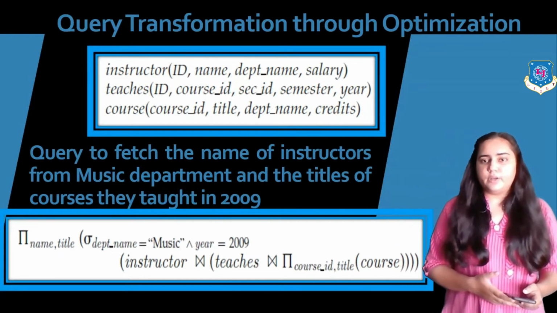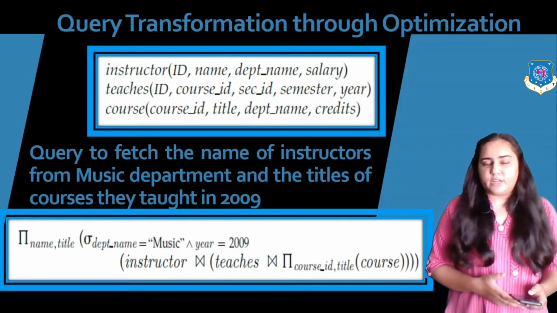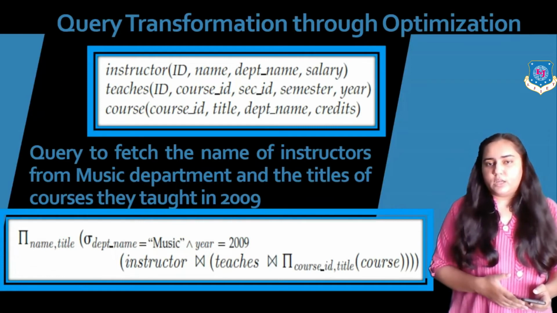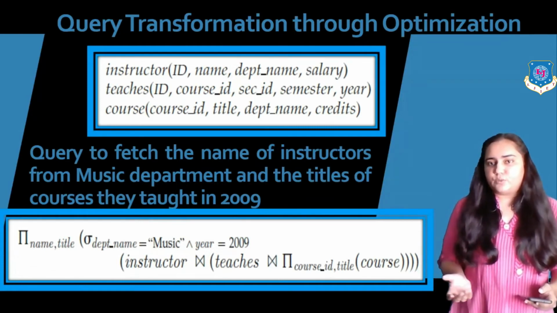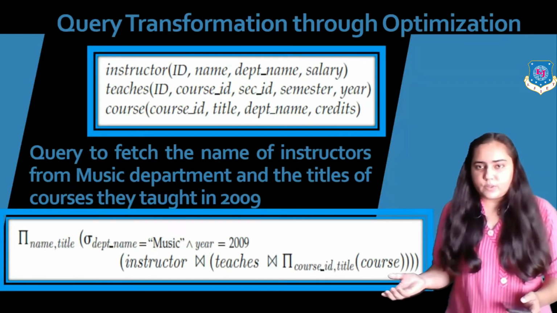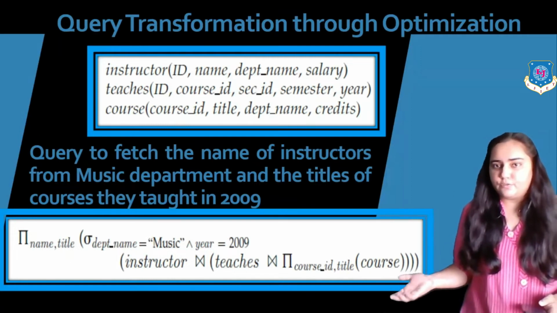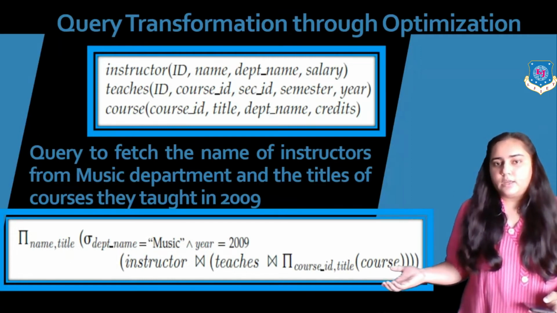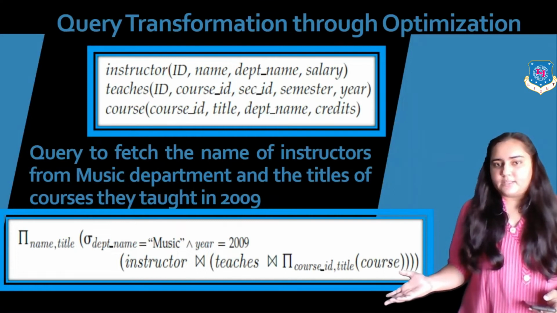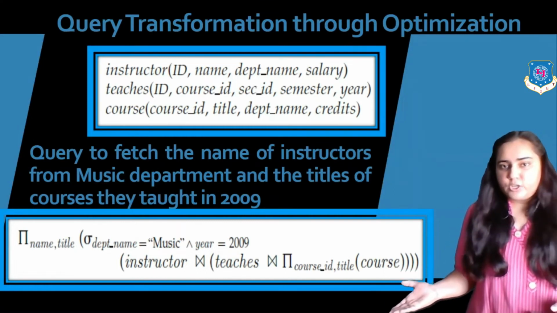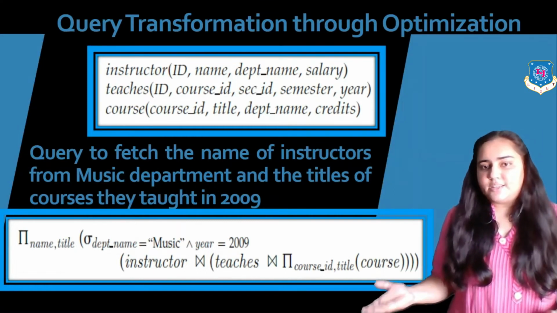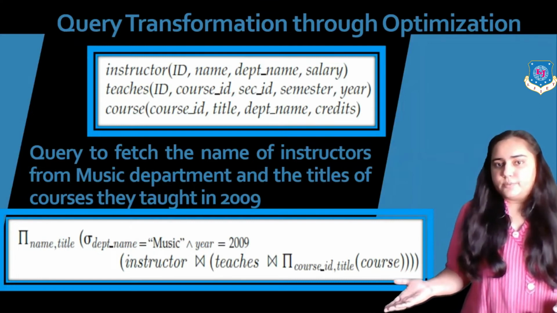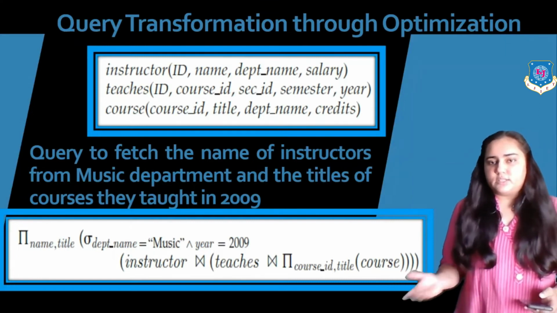You can see here in the query, we always start reading such queries from inside. So I have to read it from right here, from inside the brackets. The first inner bracket says that I'm going to fetch the course ID and title from course. Now, why am I fetching the title?